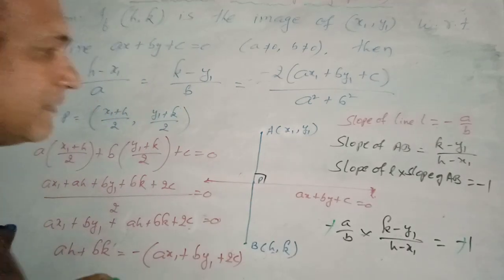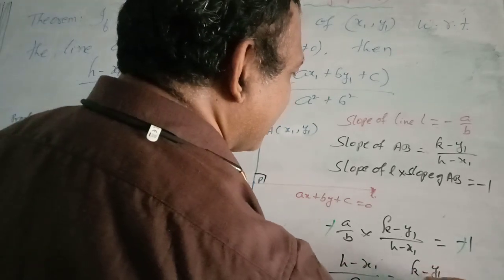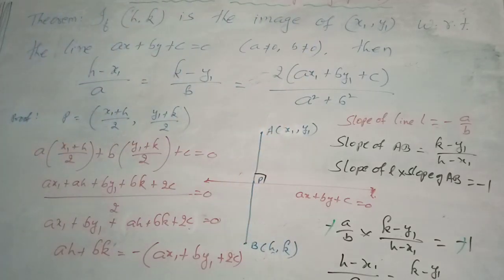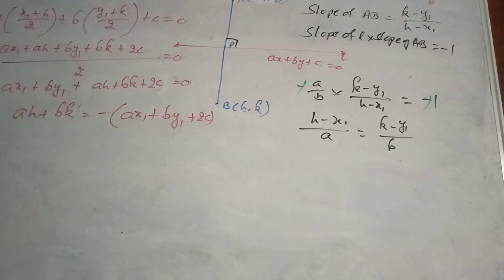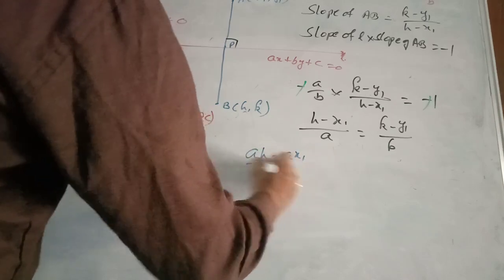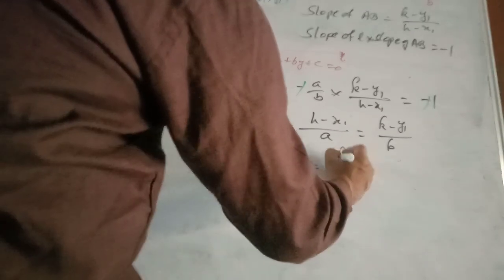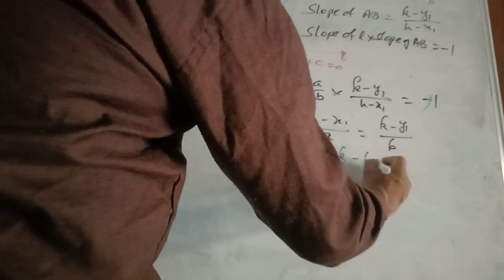I can write (h minus x1) by a is equal to (k minus y1) by b. Now multiplying by a, we get (ah minus ax1) by a square is equal to (bk minus by1) by b square. Now just add both numerator and denominator according to the principle of division rules.